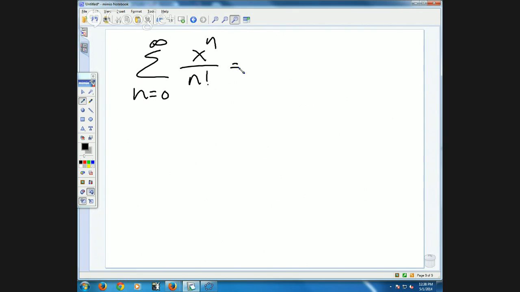It is 1, right. So I'll get x to the 0, which is also 1, so the first term is 1 here. Then I will get a plus x over 1 factorial, which is just x. Then I will get x squared over 2 factorial, which is 2, x cubed over 3 factorial, which is 6, and this is going to keep going.